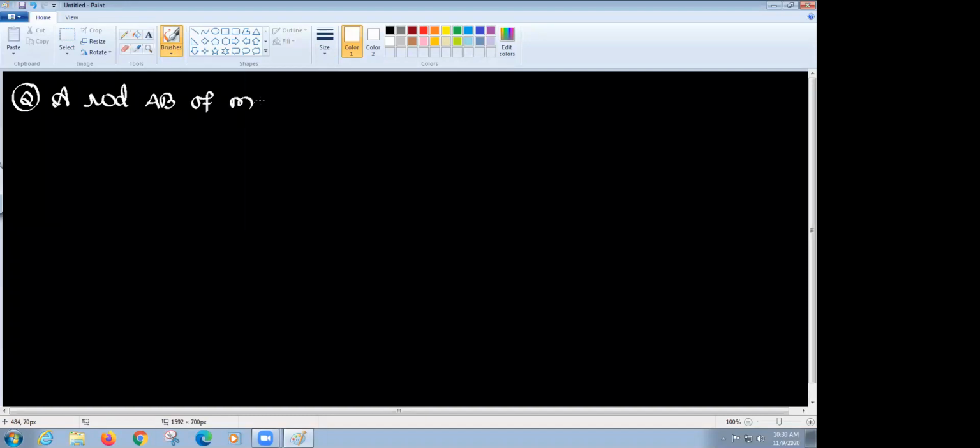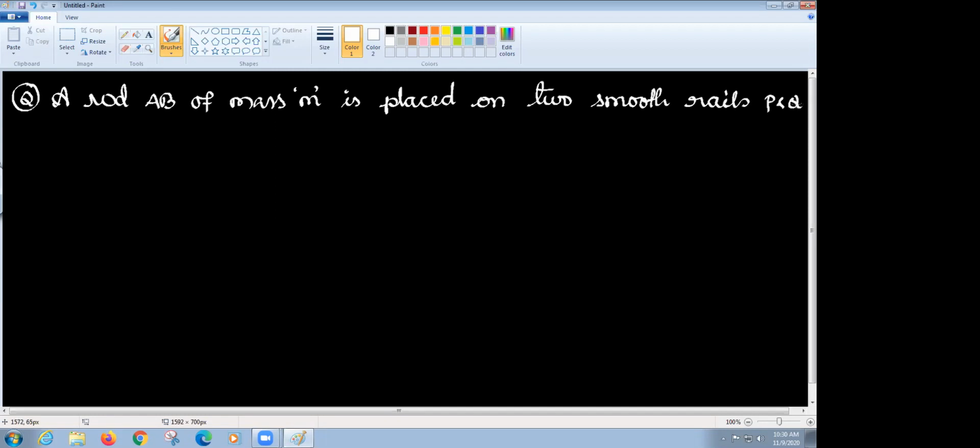A rod AB of mass m is placed on two smooth rails, say P and Q, in a uniform magnetic induction B.